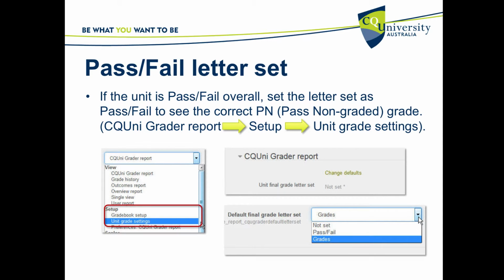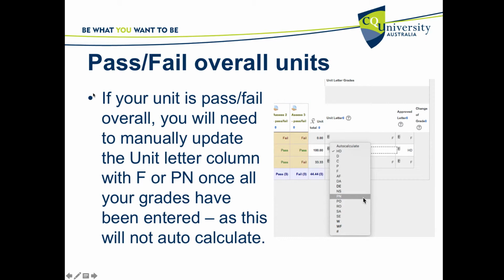And then under our grader report settings, we can change that default final letter set from grades to pass-fail. And if you do have a pass-fail unit, just another tip, you'll need to override the unit letter and give your appropriate grade once all your grades have been entered, as this won't auto-calculate.